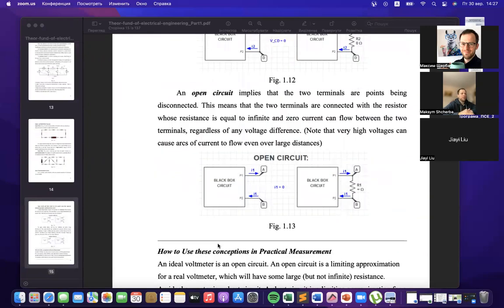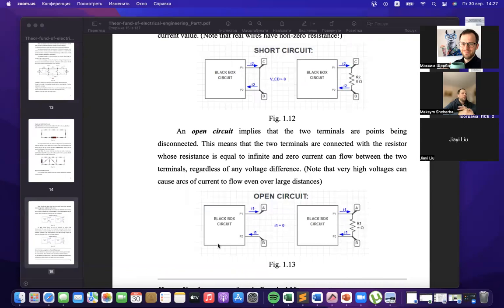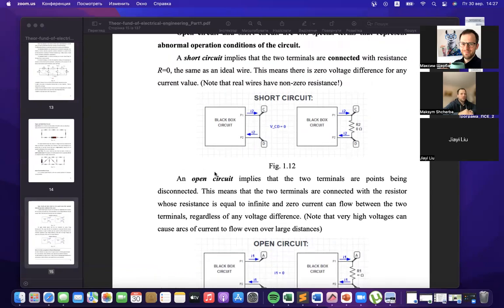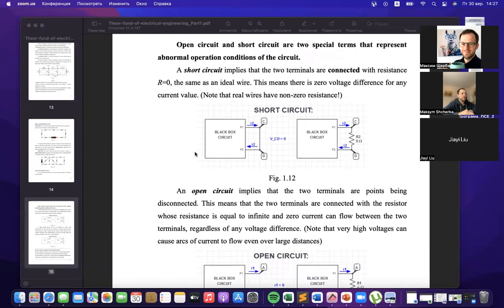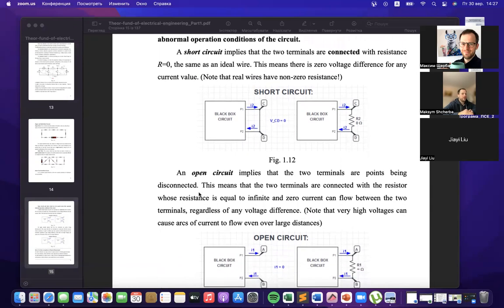Starting from this model, we could make some calculations and try to find some operational modes of this system. Also, we were talking about two opposite situations without any load, without any consumption, short circuit and open circuit, because any other consumption will be just between these two limit points.